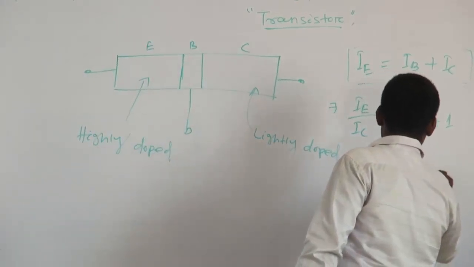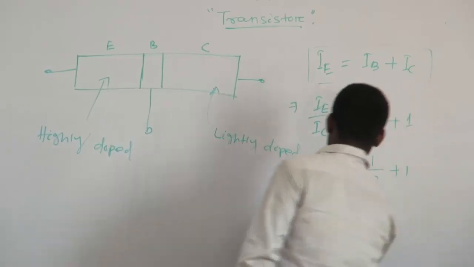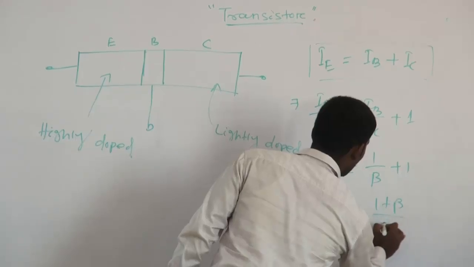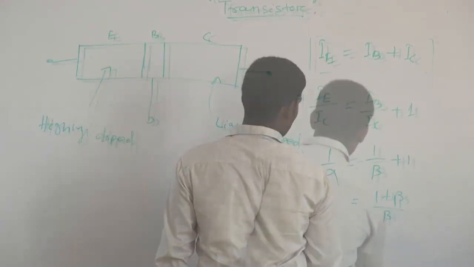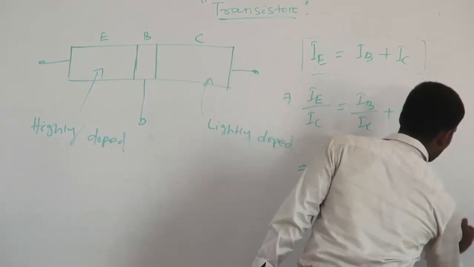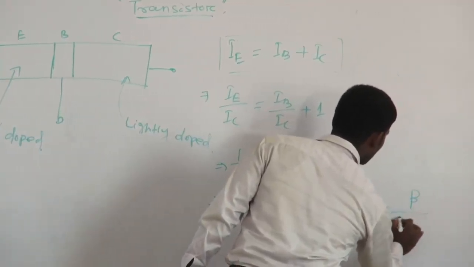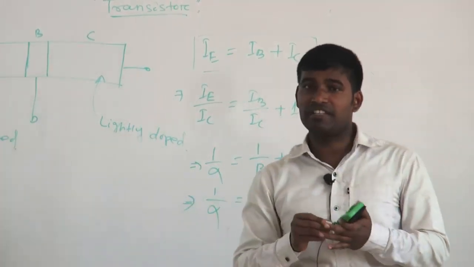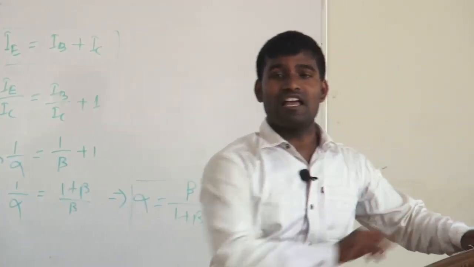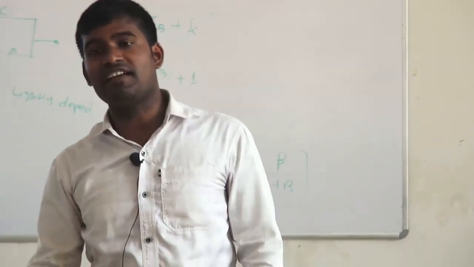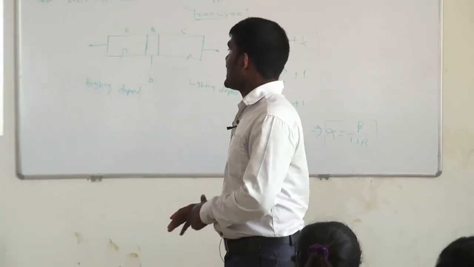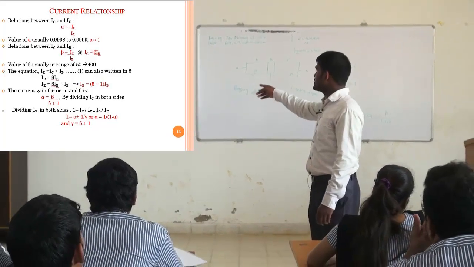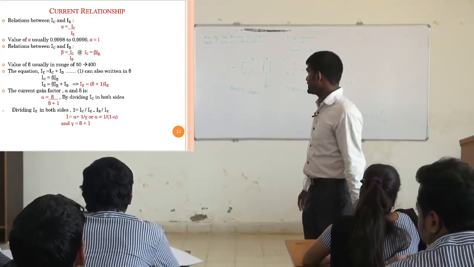So 1 by alpha is equal to 1 by beta plus 1, which is 1 plus beta by beta. So alpha is equal to beta by 1 plus beta. This is the relation between alpha and beta. You can also find the relation between alpha and gamma, and between beta and gamma. The alpha and gamma relation is gamma is equal to 1 by 1 minus alpha. The gamma and beta relation is gamma is equal to beta plus 1.